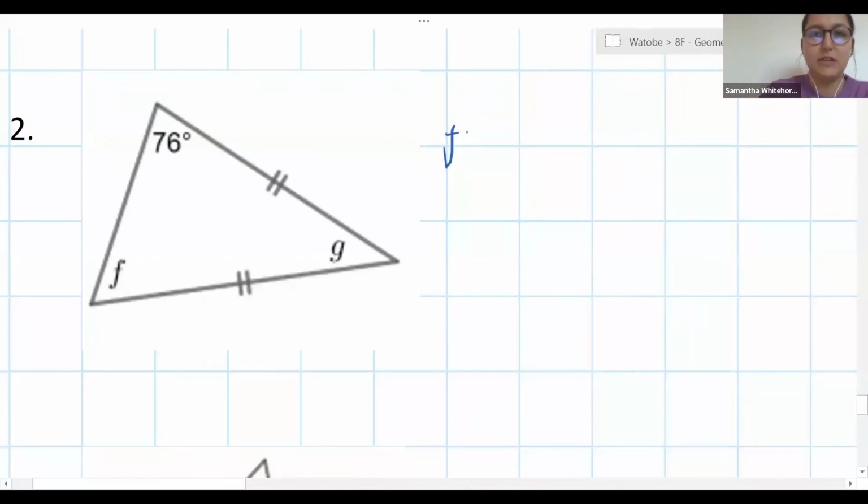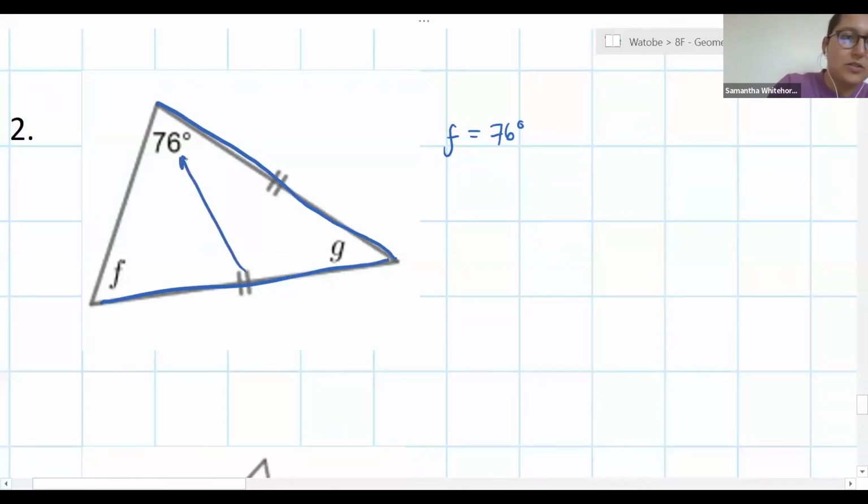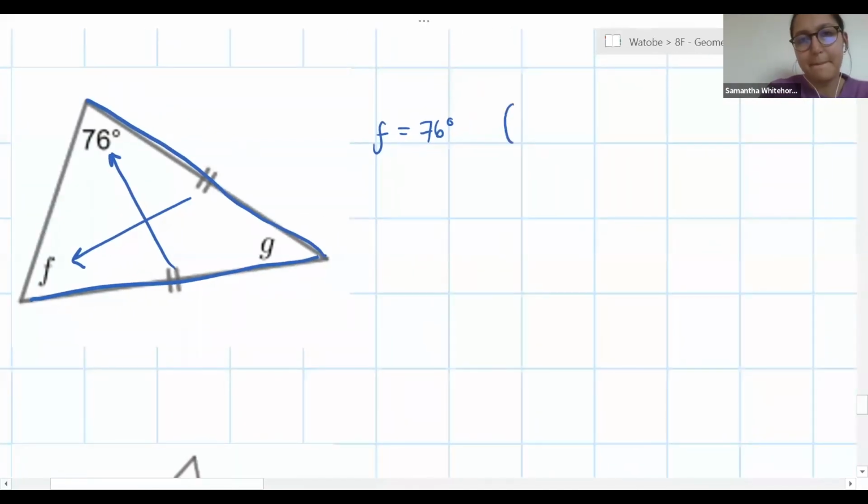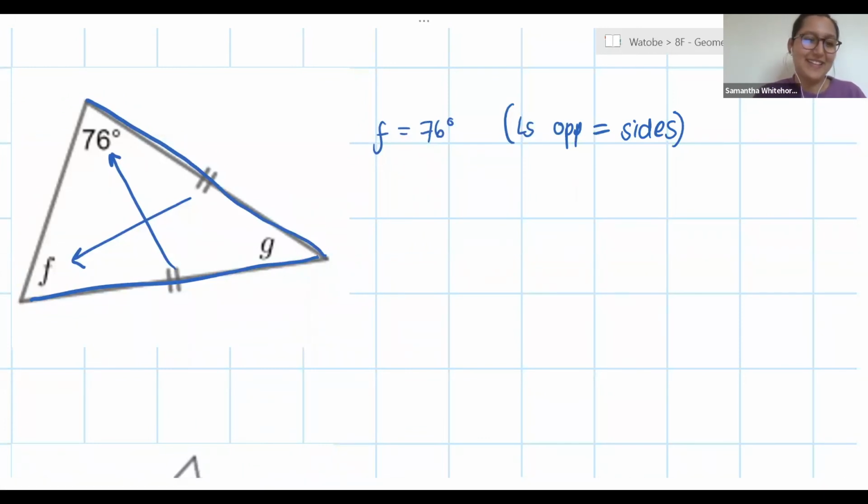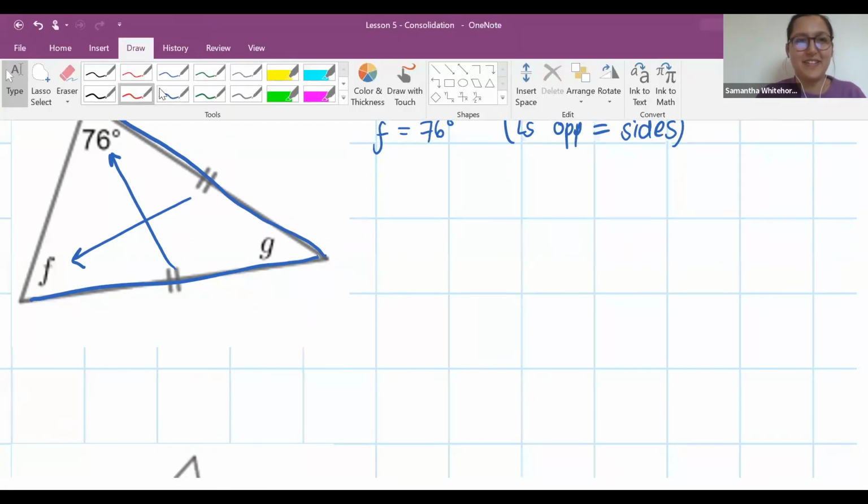Right, so F is equal to 76. I don't have to do any working out there. I know that because this side is equal to this side, so the angles opposite them are equal. Lorraine, what was your reason? It was angles opposite equal sides. Good. Angles opposite. Perfect. Do you have G for me as well? No, madam. Okay, no problem. Well done, Lorraine.